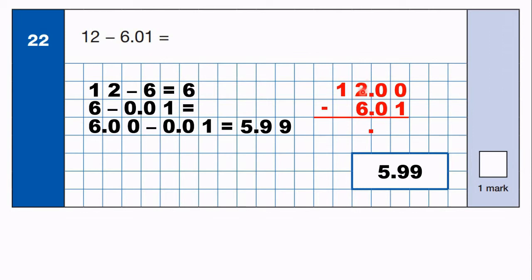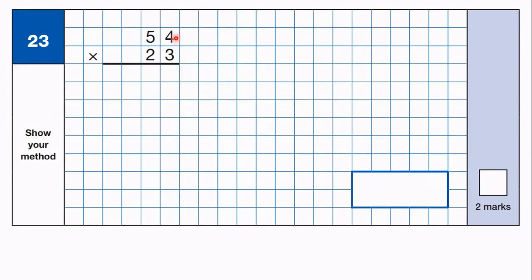So first, we exchange one of our units for 10 tenths, then we exchange one of our tenths for 10 hundredths. Now, 10 minus 1 is 9, 9 minus 0 is 9, and 11 minus 6 is 5. So we have our answer.